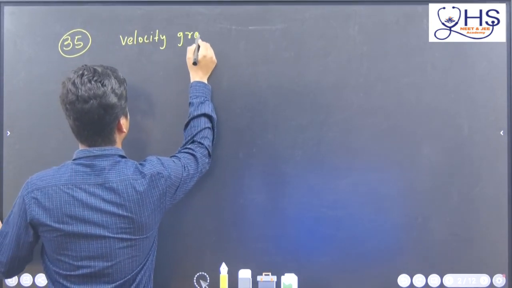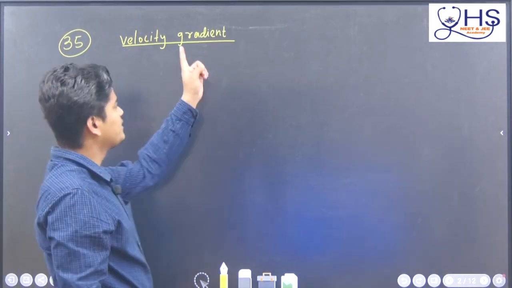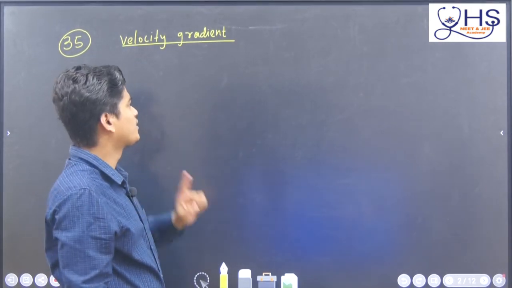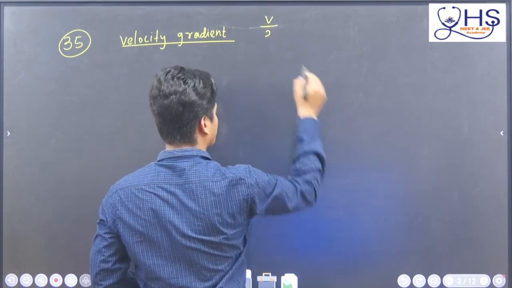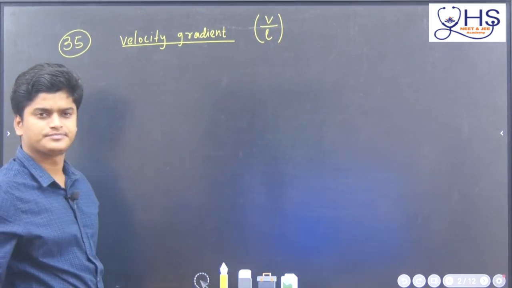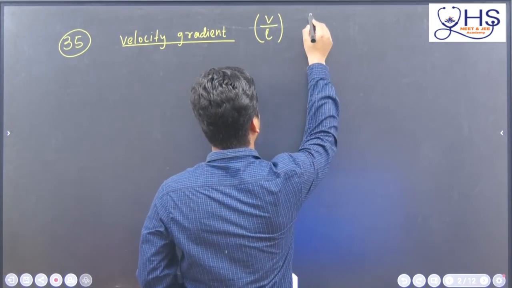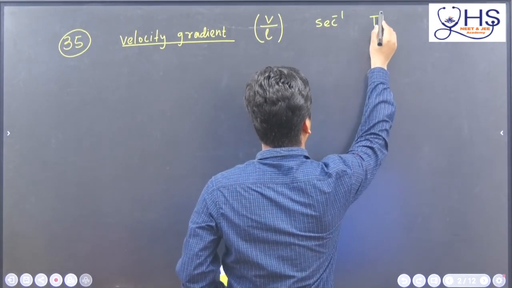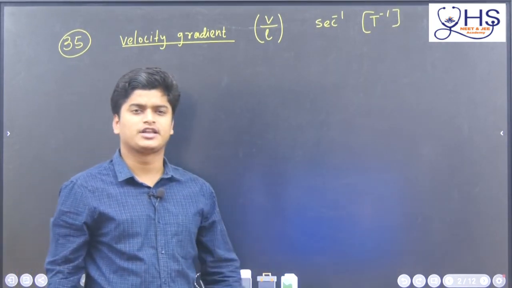Remember always, whenever the word gradient comes with a physical quantity like velocity, the formula should have velocity up and some length down, so it will be V by L. So the unit is second to the power minus 1, or the dimension is T to the power minus 1. This we studied in the last lecture.